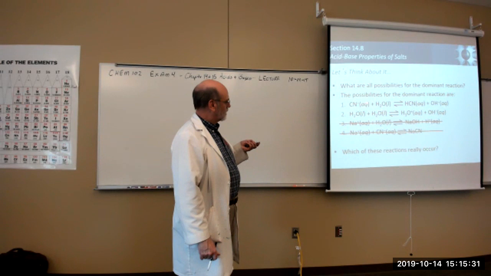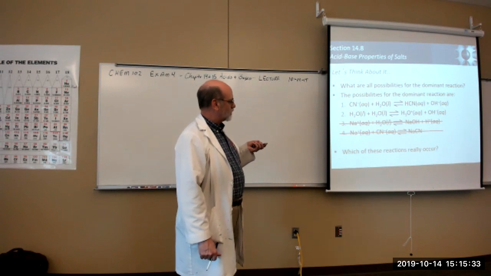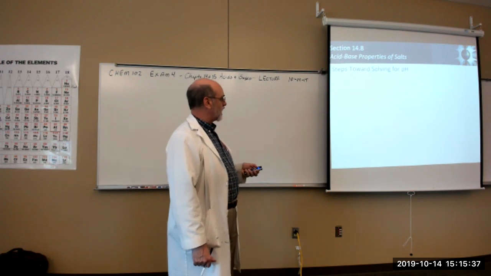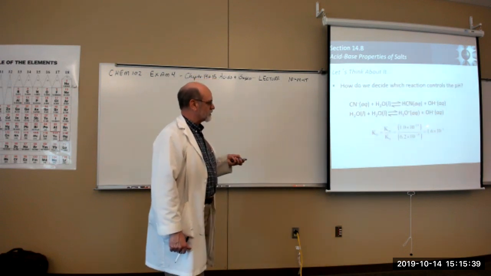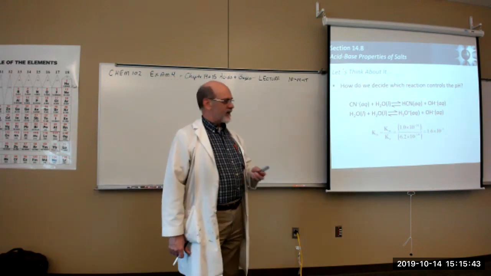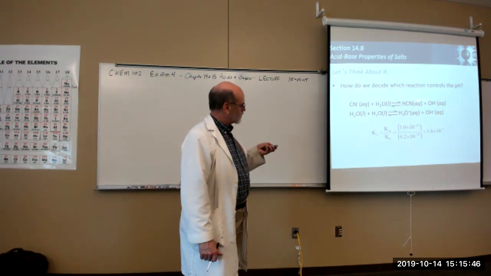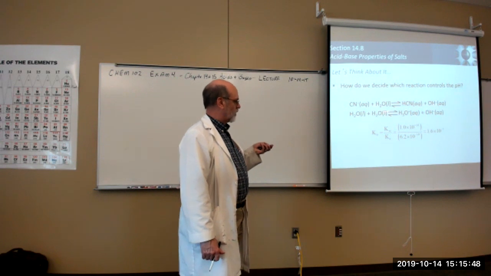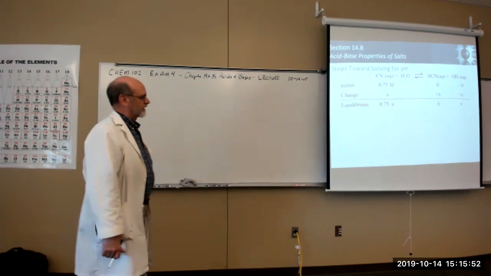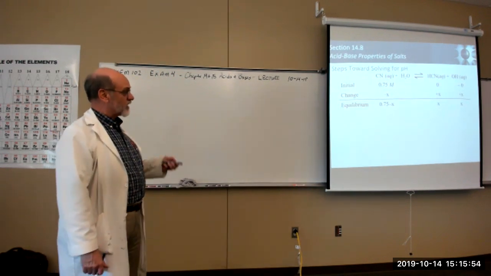But this one is derived from hydrocyanic acid, and it is in the form of Kb, right? 1.6 times 10 to the minus 5. So the larger K value for this reaction says it dominates over this one. So here's the reaction that dominates.